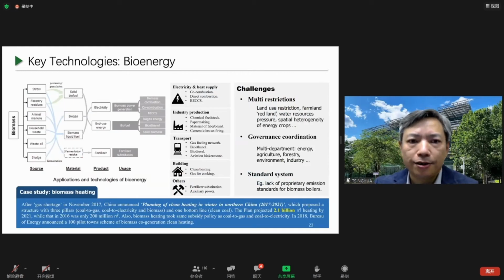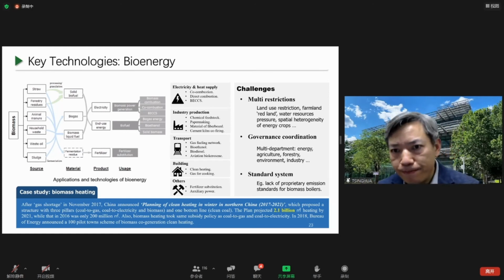Now, let's have a look at the application cases for bioenergy. Usually, bioenergy involves several different sources like straw, forestry residues, animal manure, household waste, waste oil, and sludge, and so on and so forth.